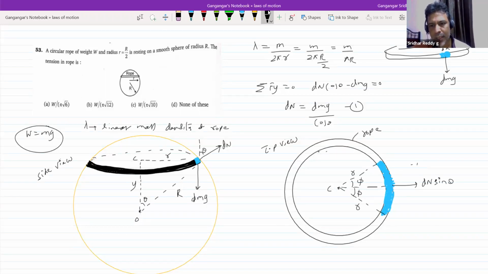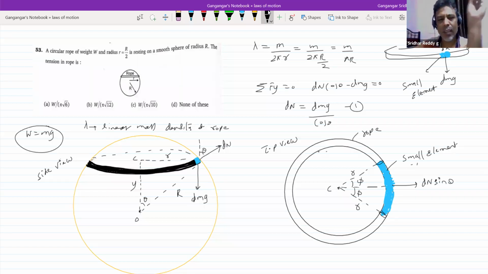The small element. I'll write it here. Now who will balance it, anybody? The tension in the rope only. How does the tension in the rope act?